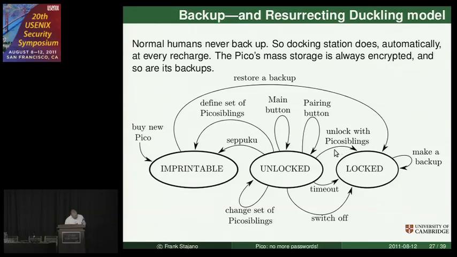Well, this one doesn't make any difference if I invert it or not. And yes, this one and this one are reversed. Those of you with a computer who are checking the paper will see I have the correct version in the paper. So I apologize for this. From an imprintable, by defining a set of Pico siblings, you go into this unlocked but imprinted state.